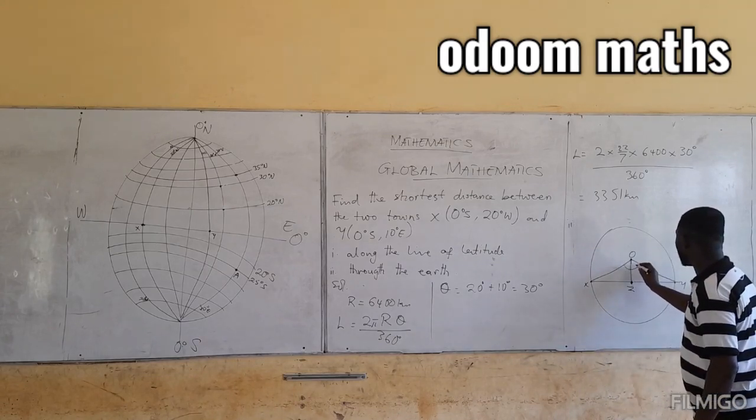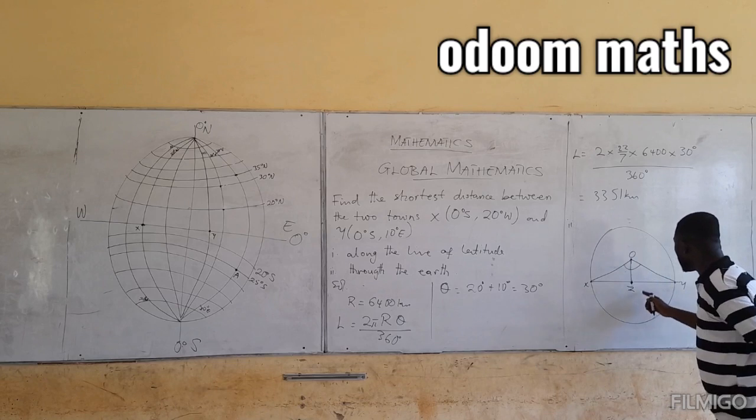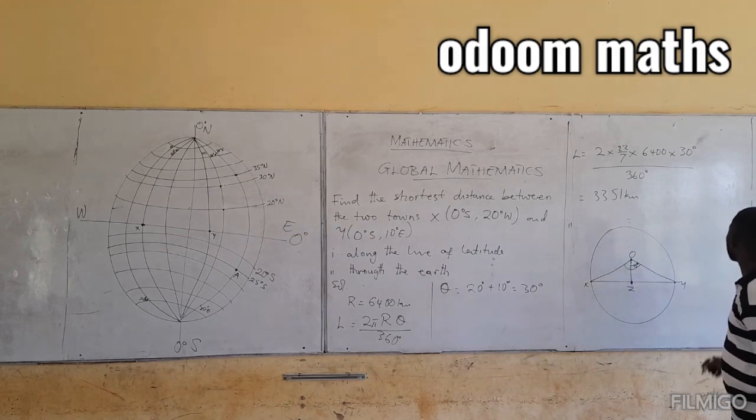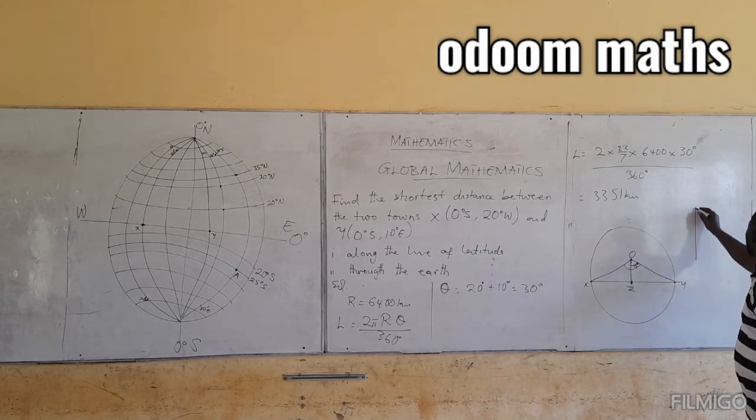But since we need only half here, we're only going to concentrate on this one, which is 15 degrees. So let me redraw this, and this is 15 degrees, and radius, this is Z, and then Y. So this is forming a right angle triangle.